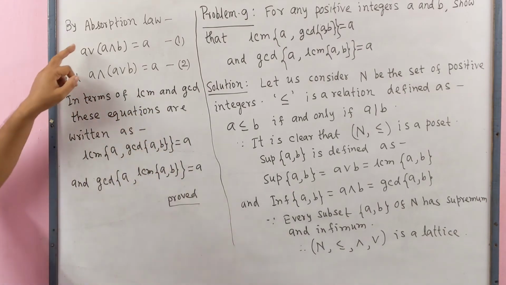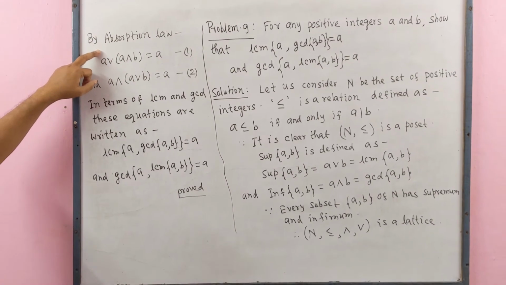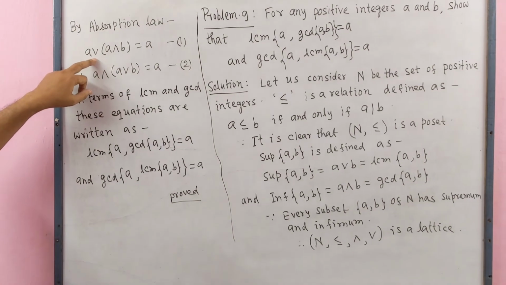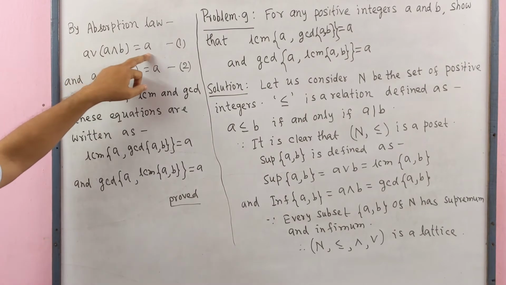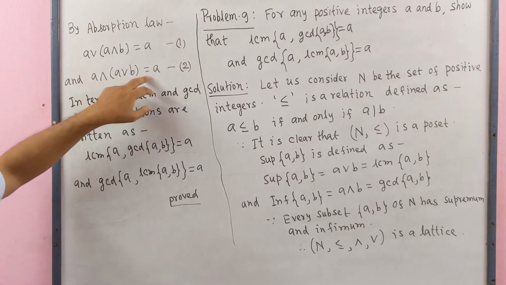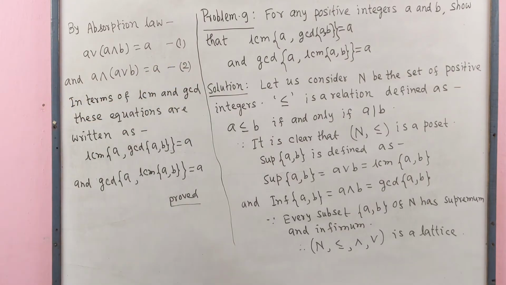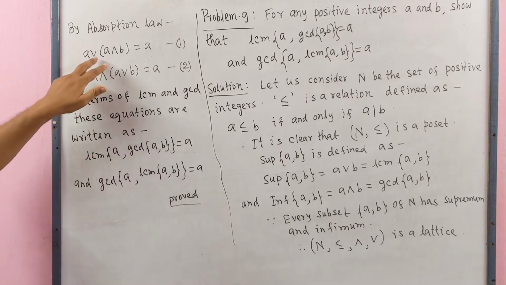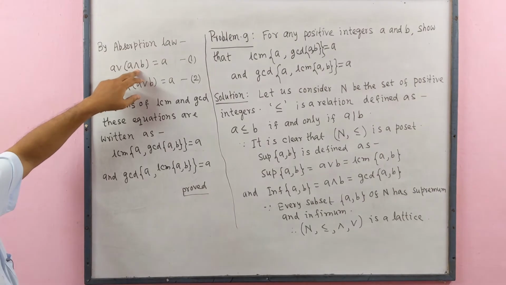By the absorption law, we know that A join (A meet B) equals A. This is number 1. And the second absorption law is A meet (A join B) equals A. In terms of LCM and GCD, for join we use LCM, for meet we use GCD.